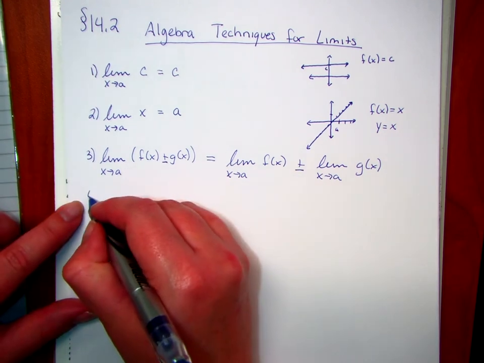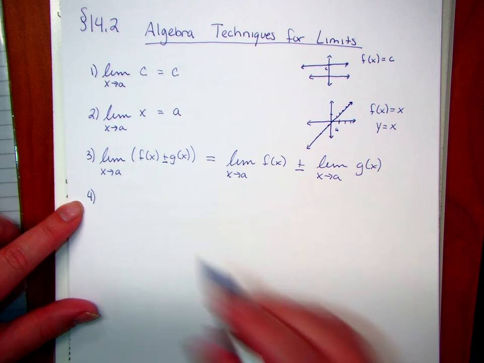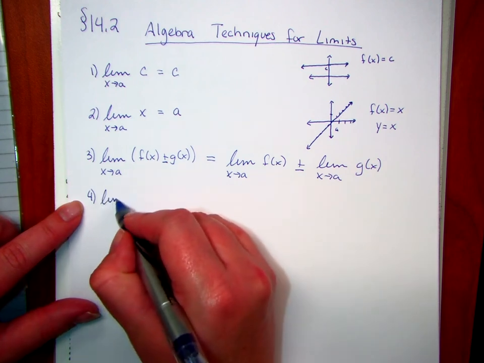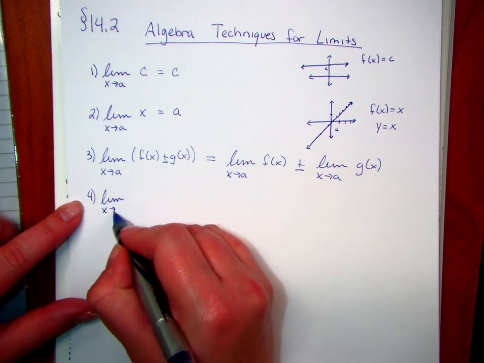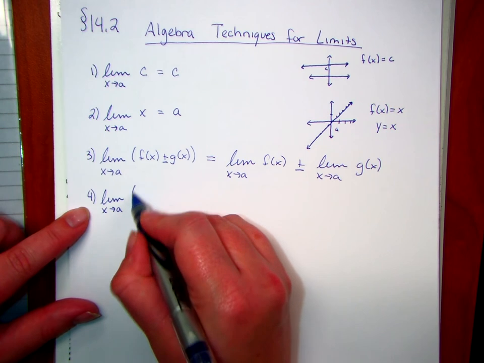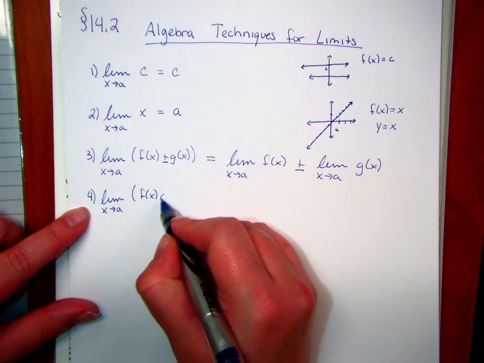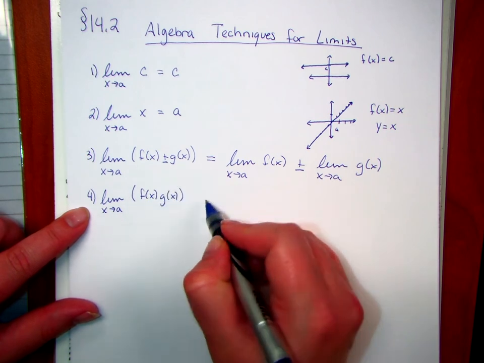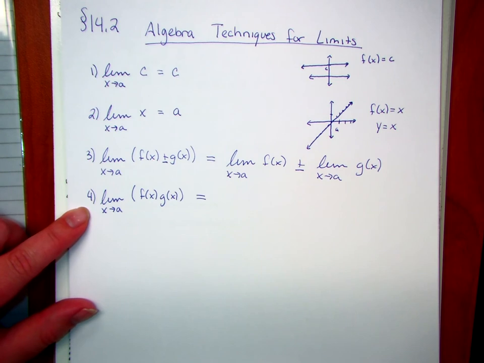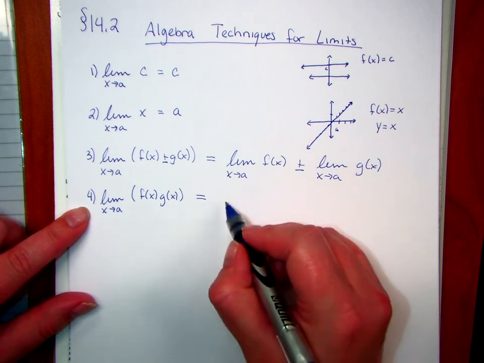Then number 4 here, the limit of a product is a product of the limits. So if we had f of x times g of x, we could split that up and do the limit of f times the limit of g.